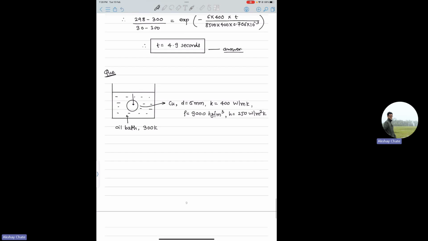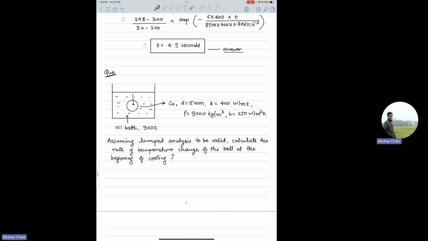And here it is mentioned that, assuming lumped analysis to be valid, calculate the rate of temperature change of the ball at the beginning of cooling.